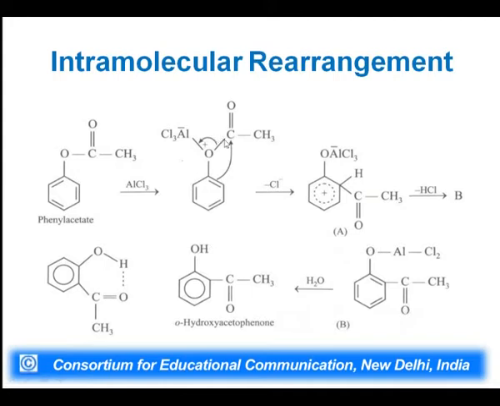In intermolecular rearrangement, this was breaking from here to generate a psyllium ion which was acting as an electrophile. What happens in this case is that these electrons from here act as nucleophile and a bond is formed here with this carbon, which is the electrophilic site, and the migration takes place and these electrons from here go from here to, and this positive charge is removed and we get this intermediate here.